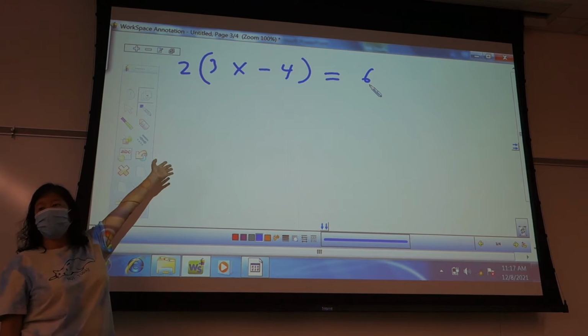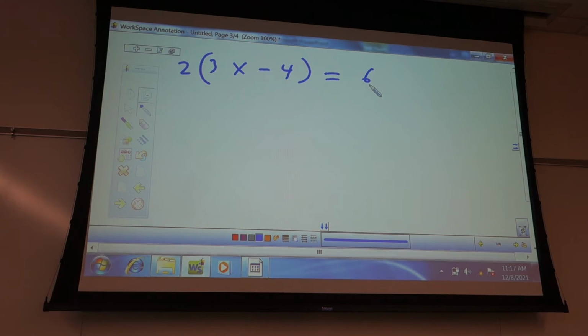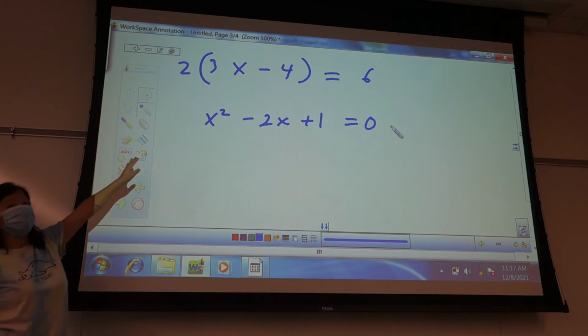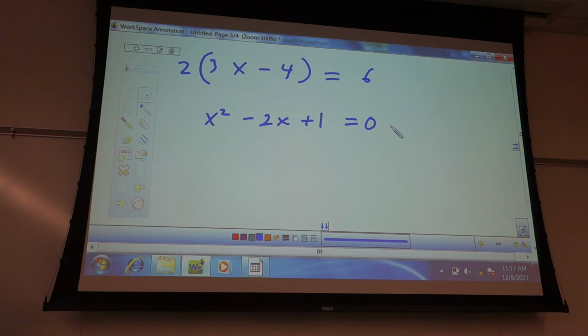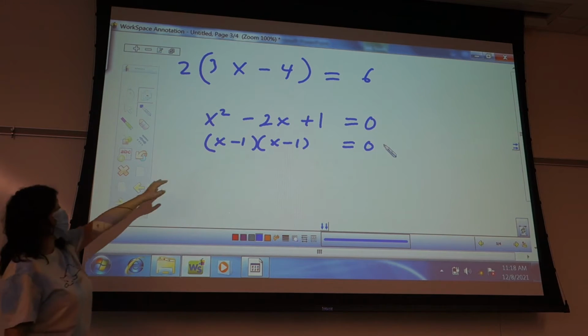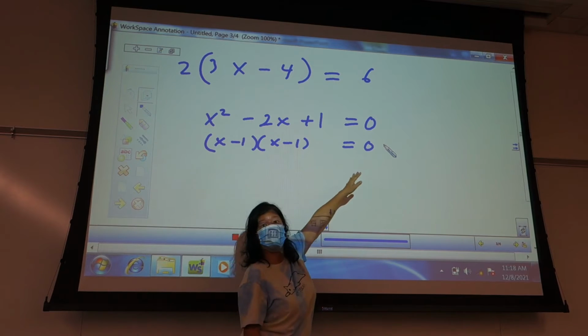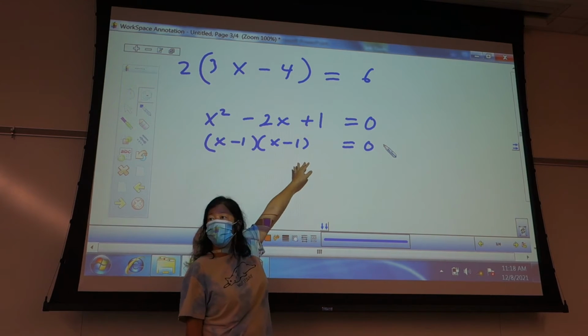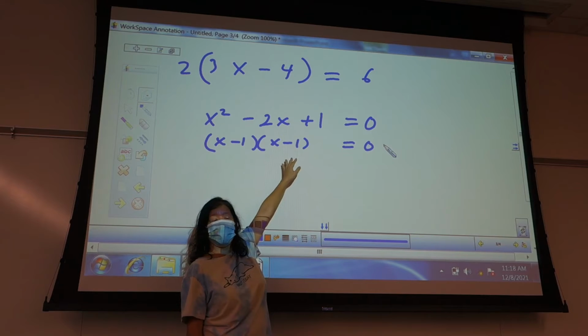And now we also know if we have something like x squared minus 2x plus 1 equals 0, we can factor this, so this becomes x minus 1 and x minus 1 equals 0. And we know that if I have something times something equaling 0, then either this is 0 or that's 0, right? So we can solve for x here too.